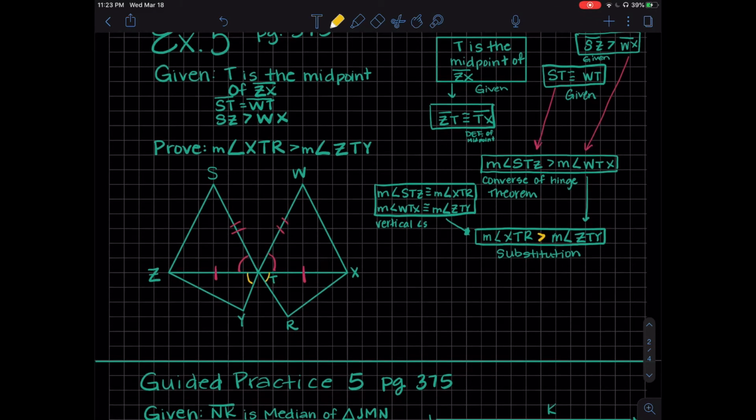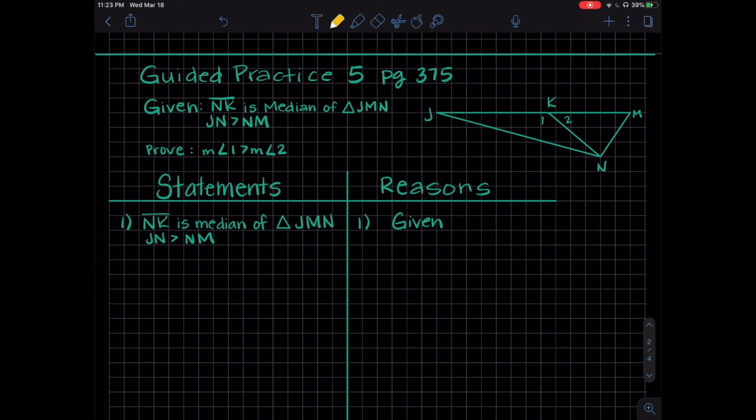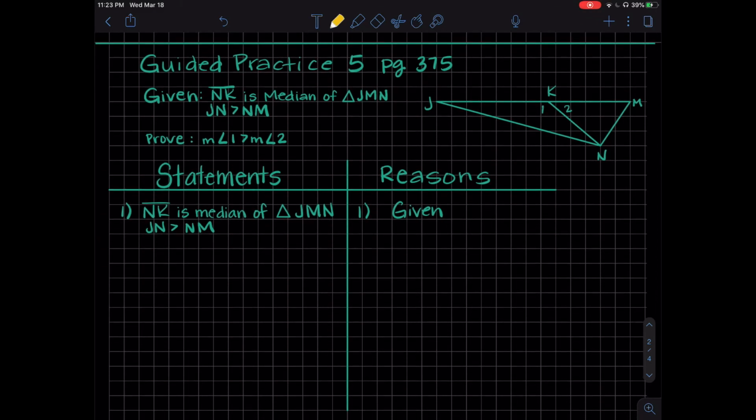Okay, so let's move on to guided practice 5. This is on page 375. We're given that NK is a median of triangle JMN, and JN is greater than NM. And they want us to prove that angle 1 is greater than the measure of angle 2. So we start out with our statements and reasons table.